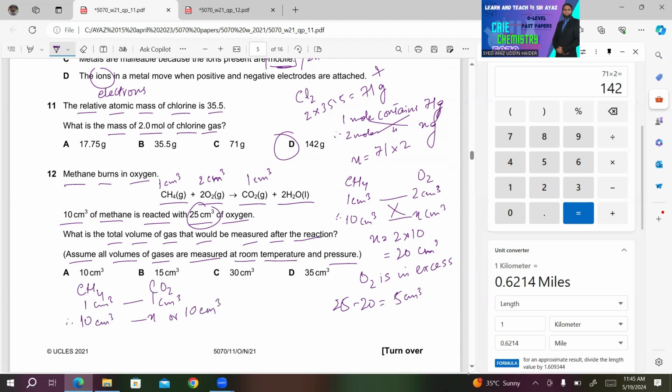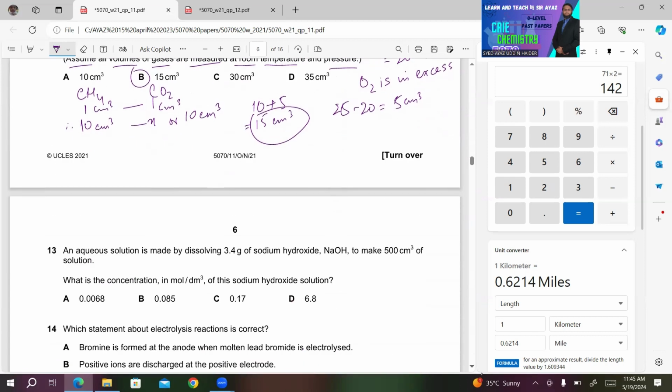So 10 plus 5, which is 15 cm cube, must be the total volume of gas that would be measured after the reaction. So B must be the right answer in this case.